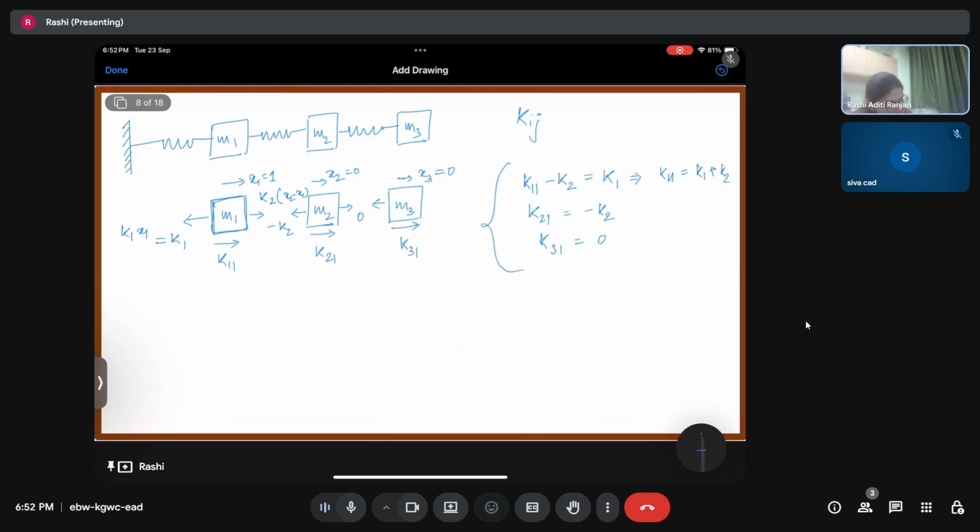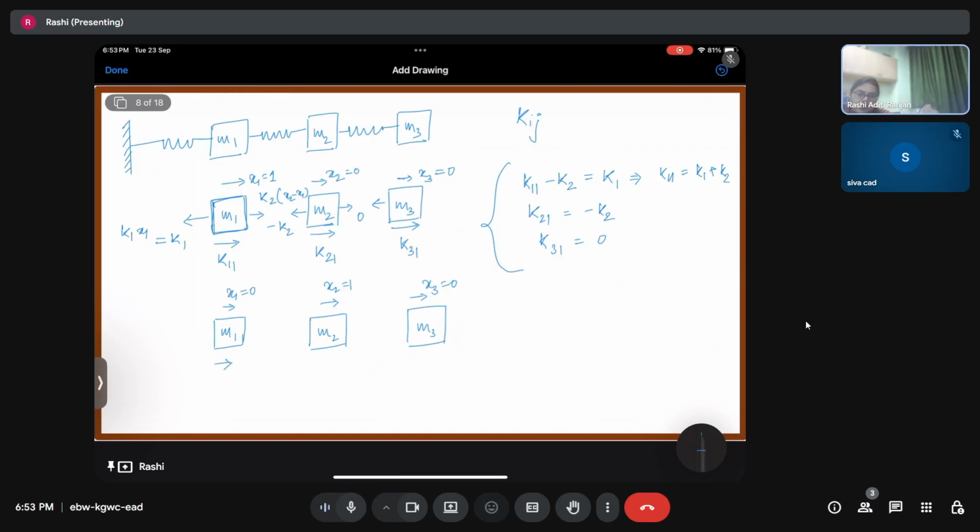For the second case, M1, M2, M3. We have a unit displacement x2 of 1, and x1 is going to be 0, x3 is also going to be 0, and forces are going to be what?